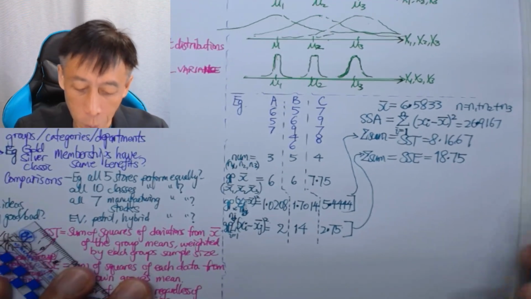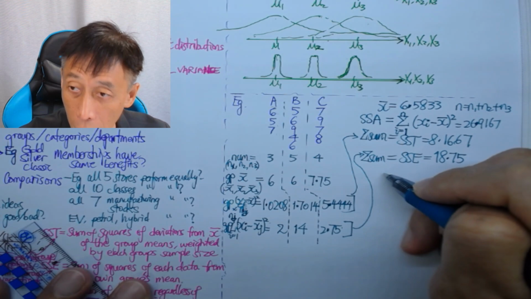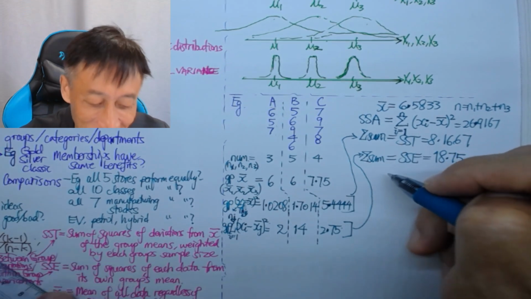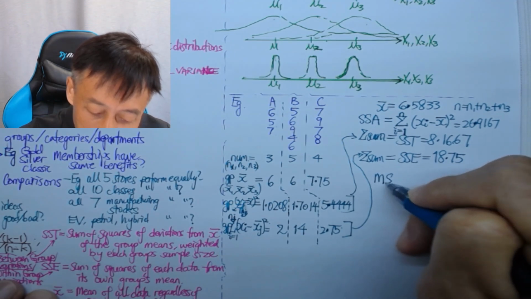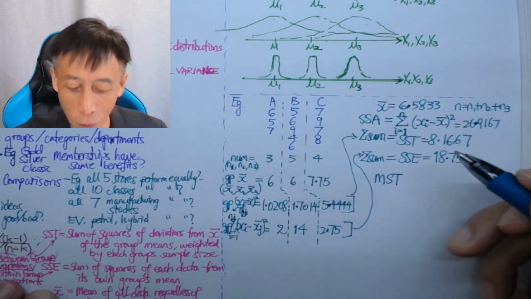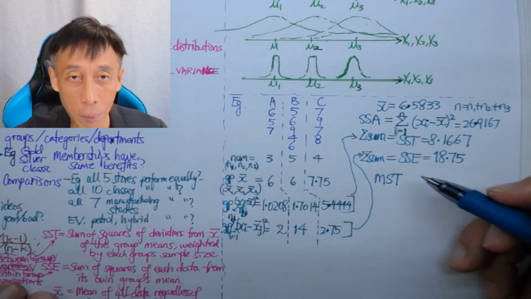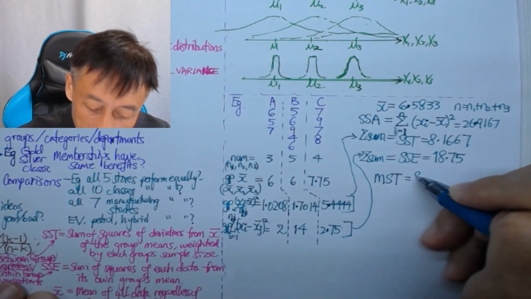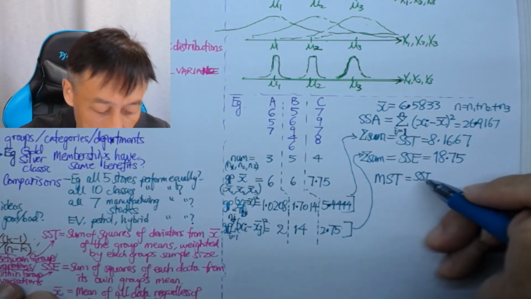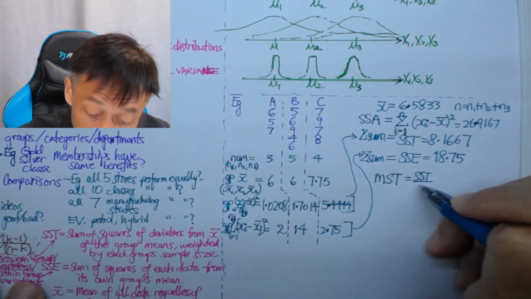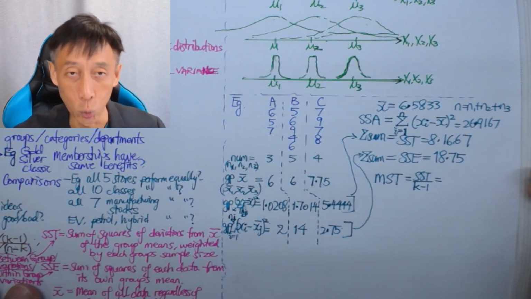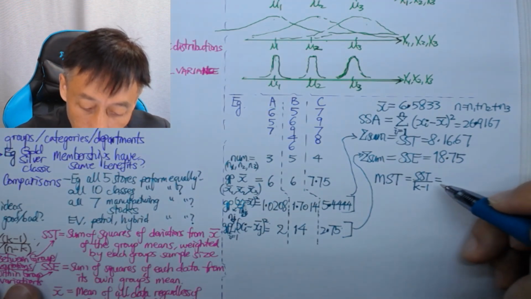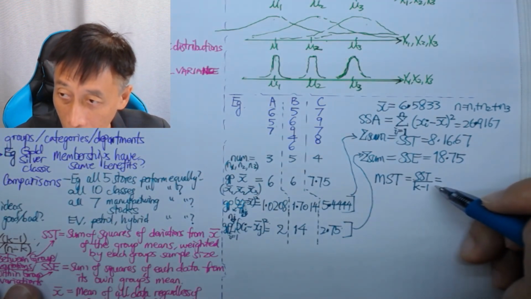Okay, so at this point, we can calculate what we call the standardized version. The standardized version is the mean sum of squares for between groups. Typically, books will call it MST. I didn't really introduce this early on, but it is just the numerator of the test statistic. So it's just like breaking it down one more step. That's all. So SST divided by K minus 1.